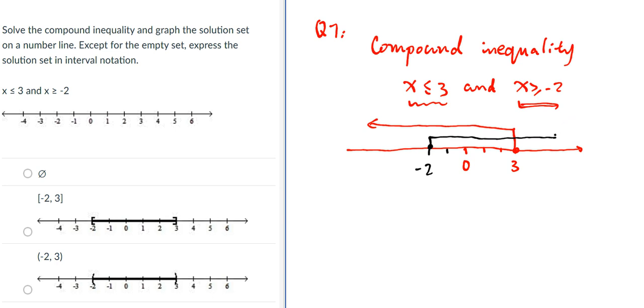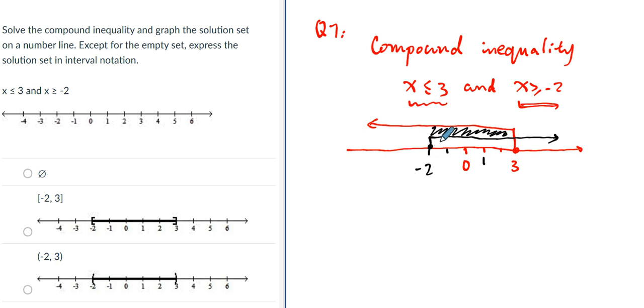Okay. Then what is the common part? For example, 1 is less than 3, but 1 is greater than -2.